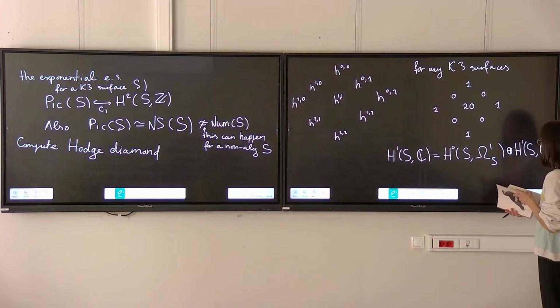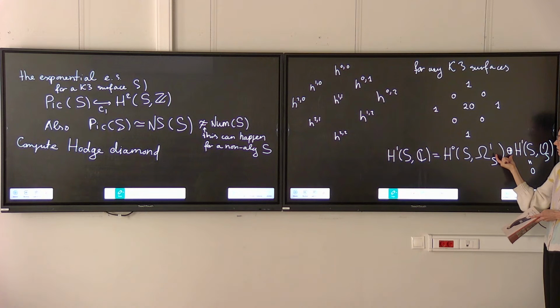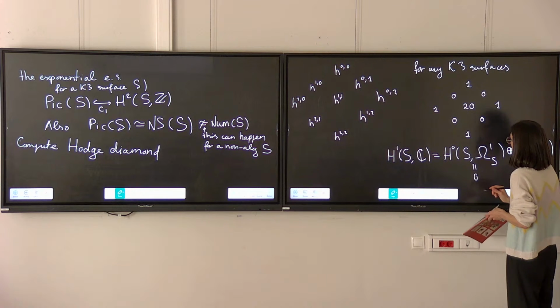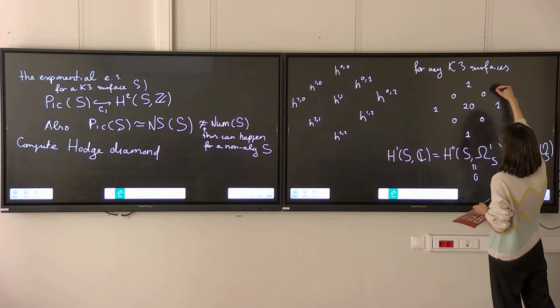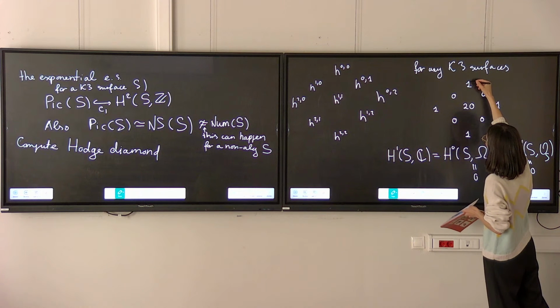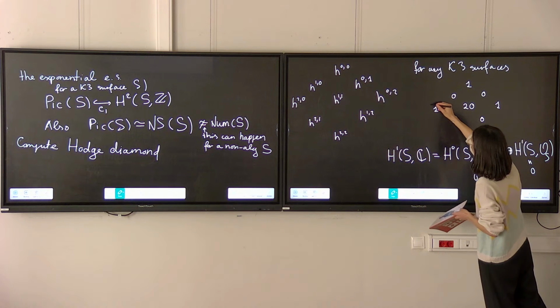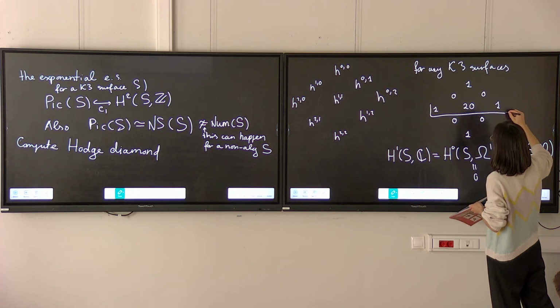And now we have just by definition the vanishing of this thing, and we know that these two complex spaces are conjugate to each other, so we obtain this. So we immediately obtain this. H00 is obviously equal to 1. This is just Poincaré duality, and what we need to compute is the remaining thing.